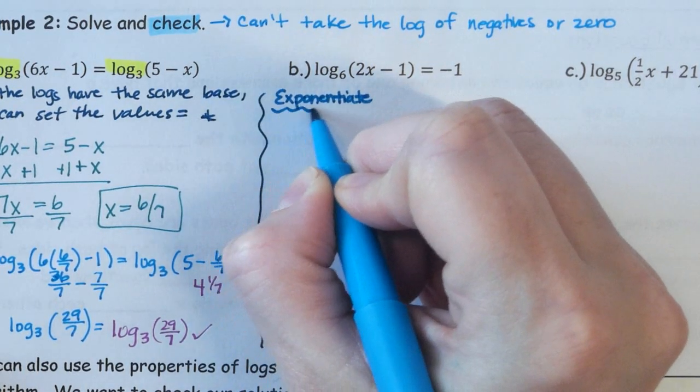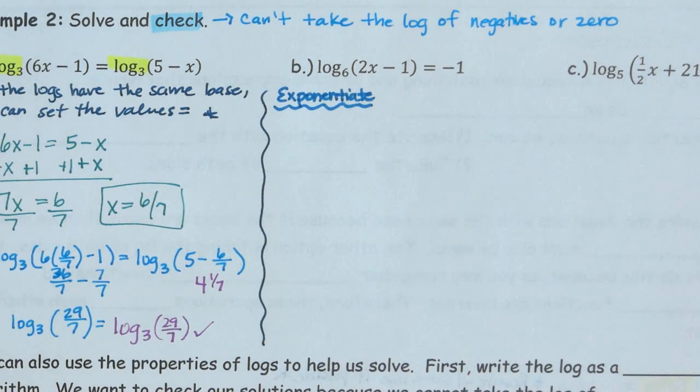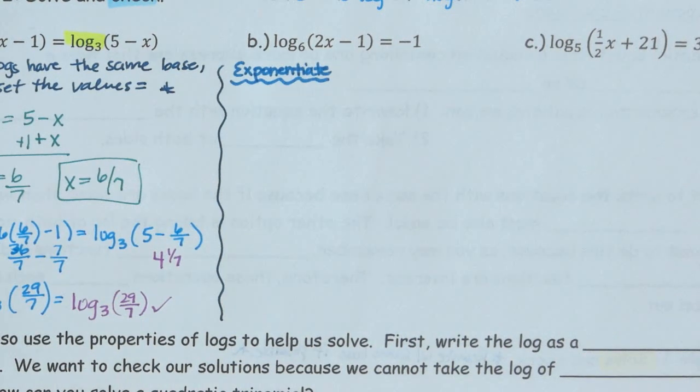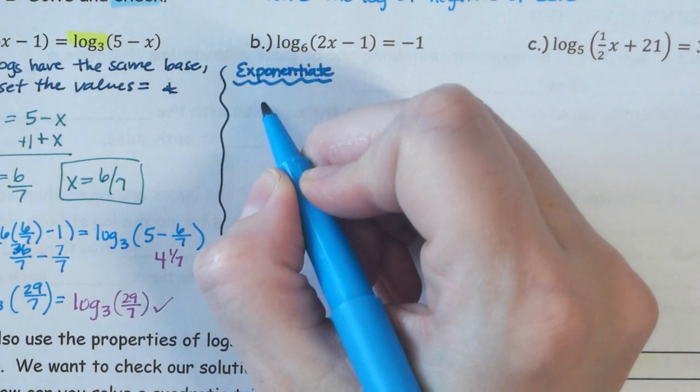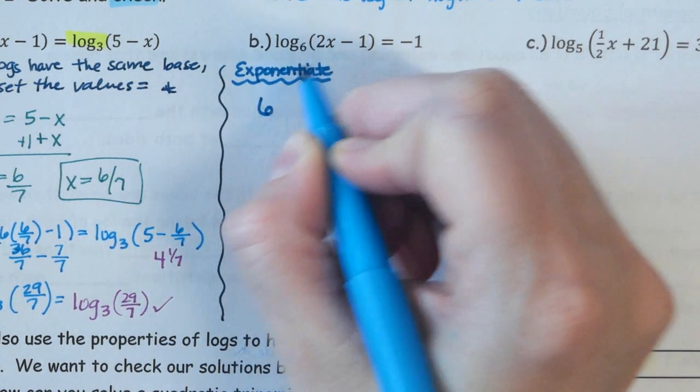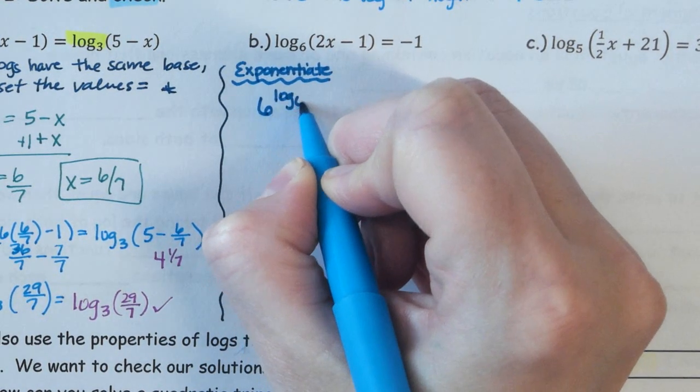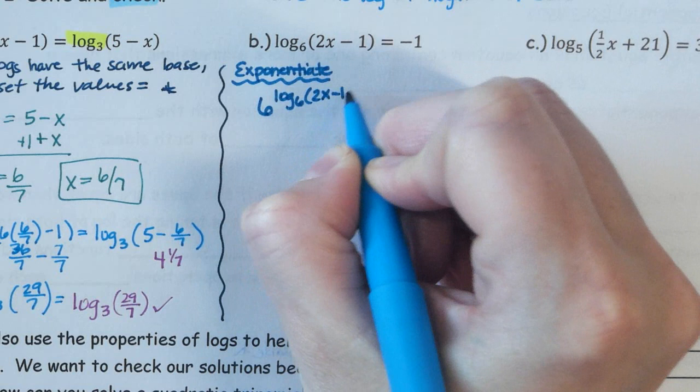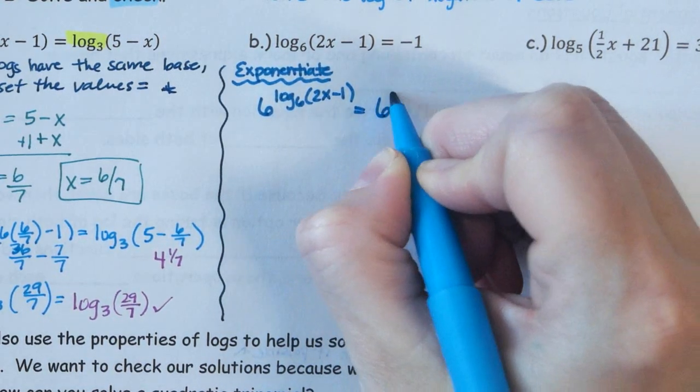So if you exponentiate, what is the base of your log? What's the base? Yes. So this is what happens. 6 becomes the base, and then this becomes the exponent on both sides, like this.